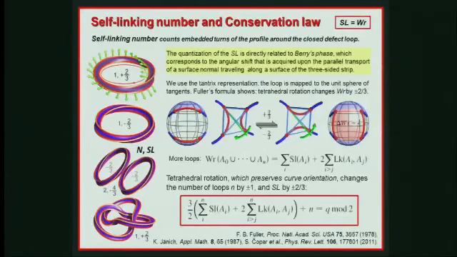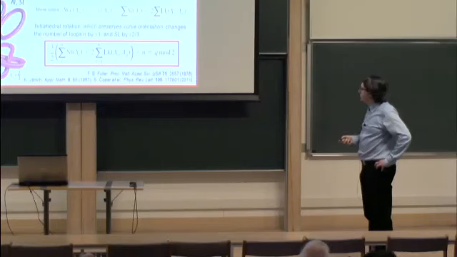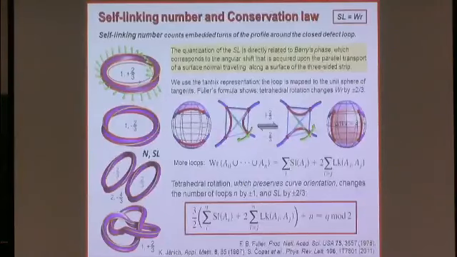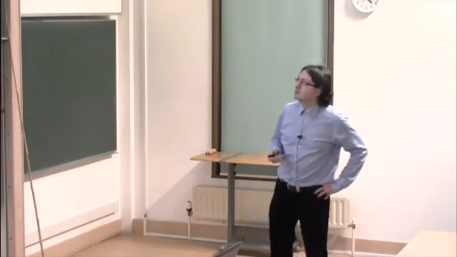You see that a tetrahedral rotation, which preserves the curve orientation, changes the number of loops by plus minus 1 and the self-linking number by plus minus 2/3. What is conserved here is the topological charge. You can check the details in this paper, and the result is actually another interpretation of the result by Janich 25 years ago. We will see the application of this law just a few slides later.